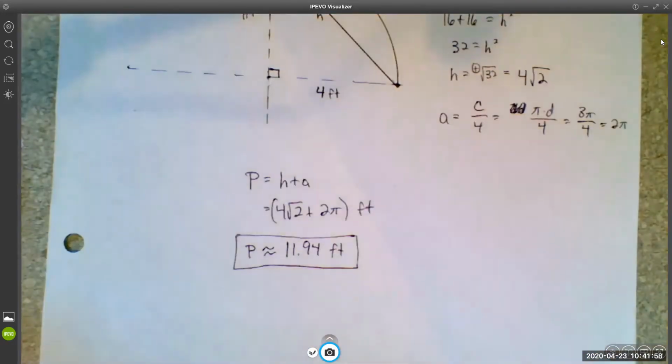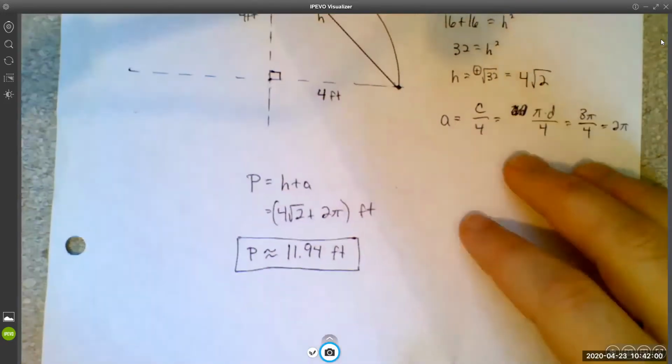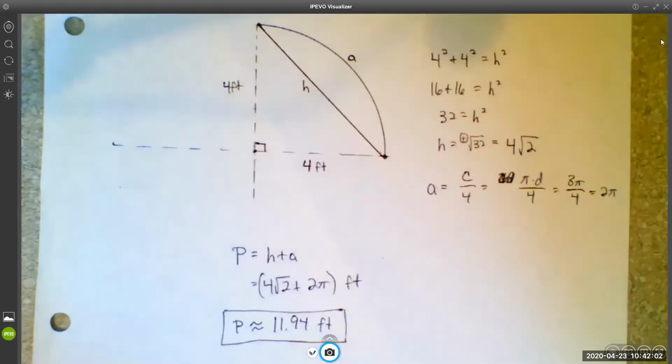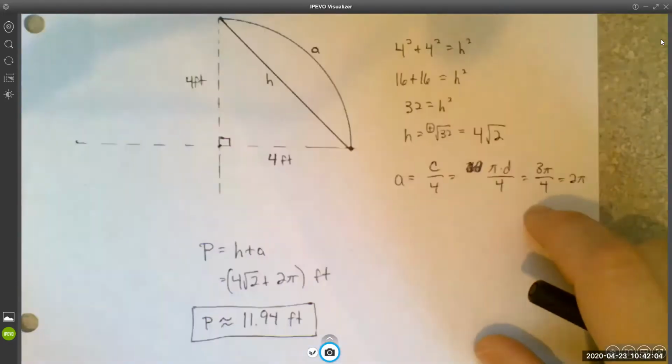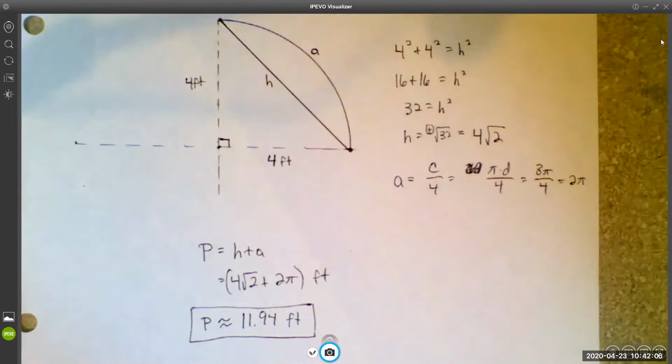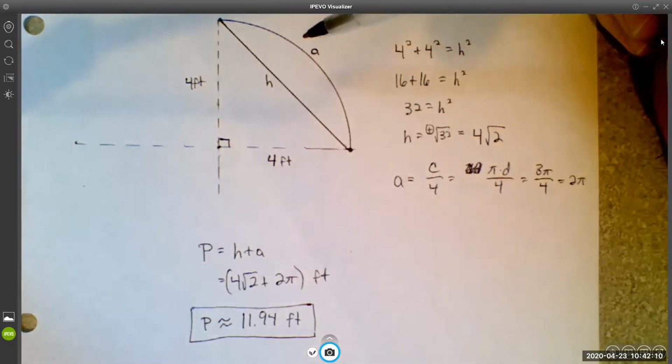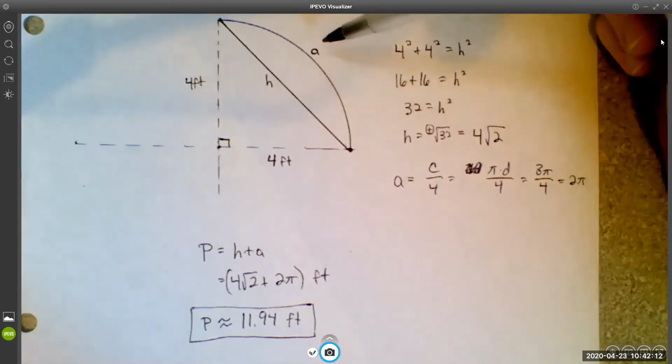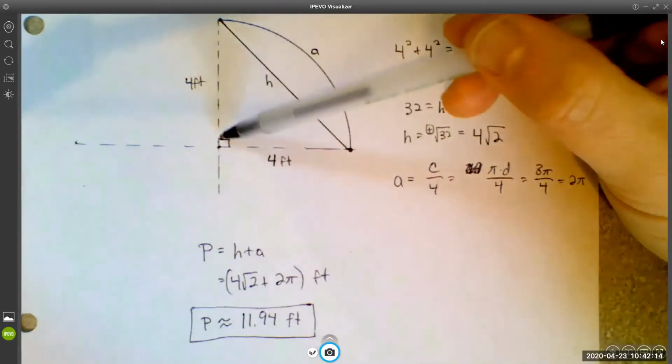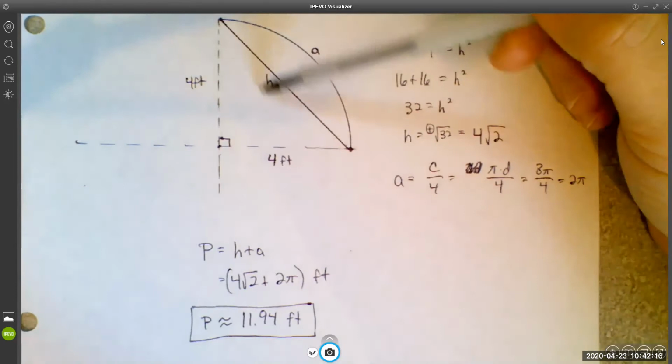Okay, and that's that. I'm not going to give you any more examples, but it should go without saying that we could invent some more problems kind of like this. For example, I could give you the same picture, but instead of calling this side 4, maybe I call the hypotenuse 4.